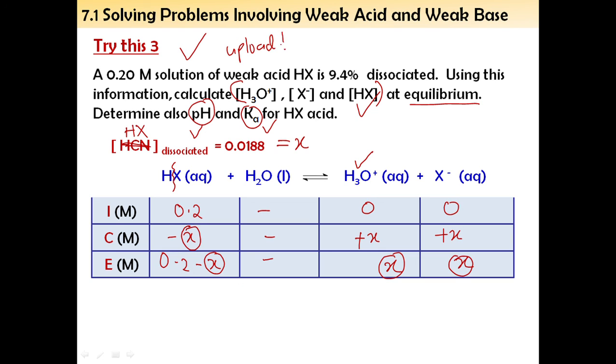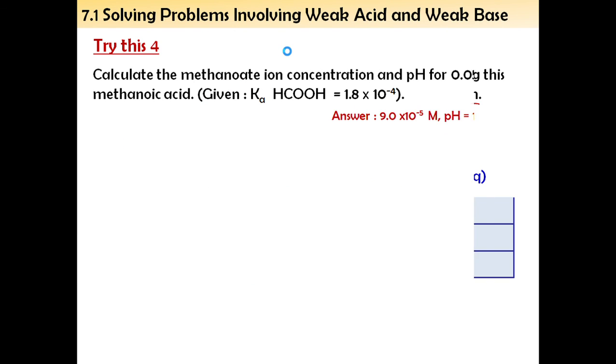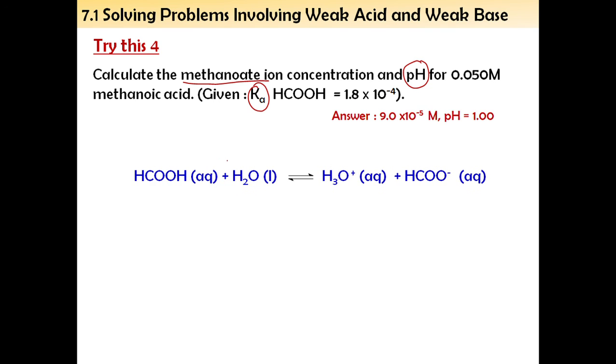Okay. And the last one is try this 4. So, untuk yang ini, you are given the Ka value and you want to find the pH and also concentration for metanoid ion. Okay, ini sebenarnya sama je macam example-example yang sebelum ni. Awak dah ada Ka, awak nak cari pH. Jadi, hopefully boleh faham dan boleh tengok macam mana nak buat. Saya tunjuk sikit. Ini adalah equation dia.